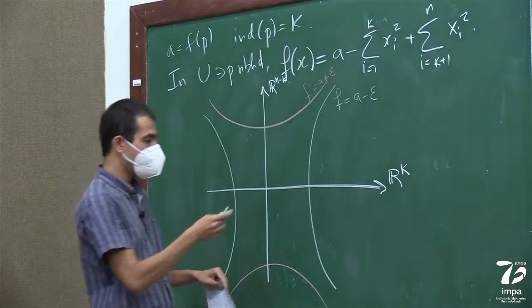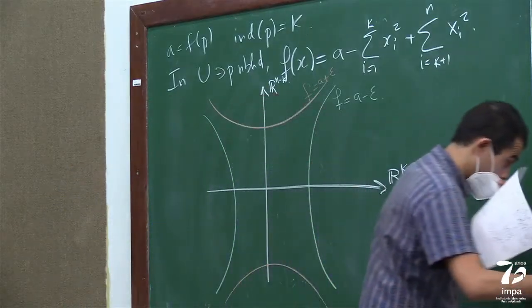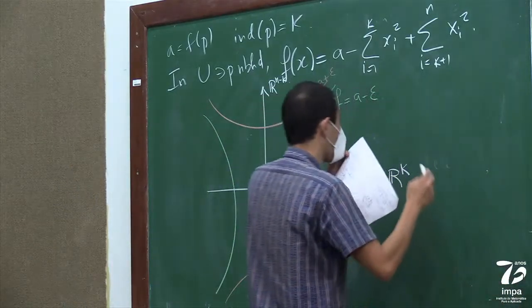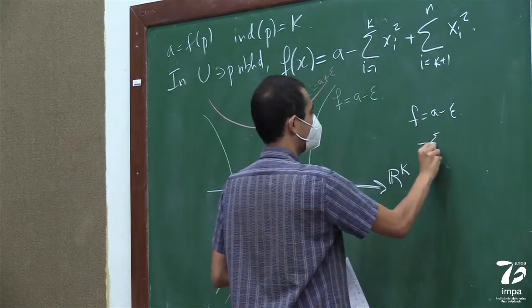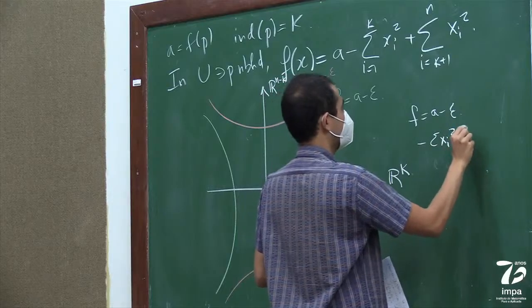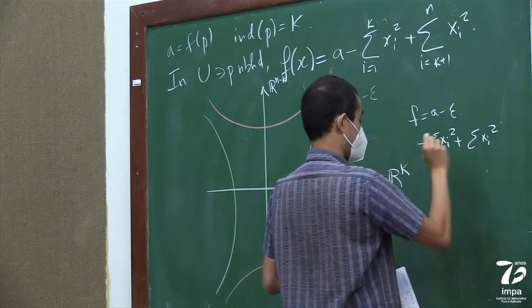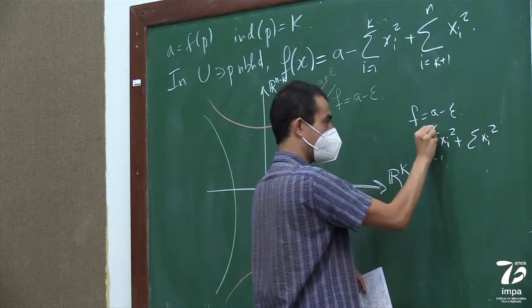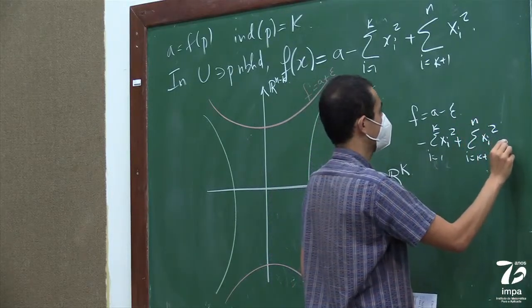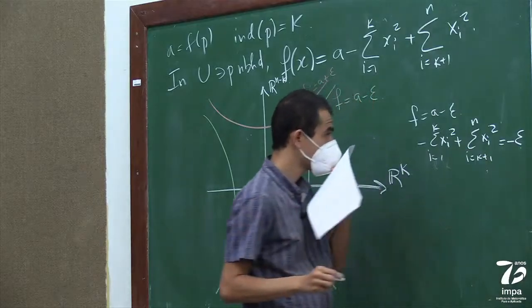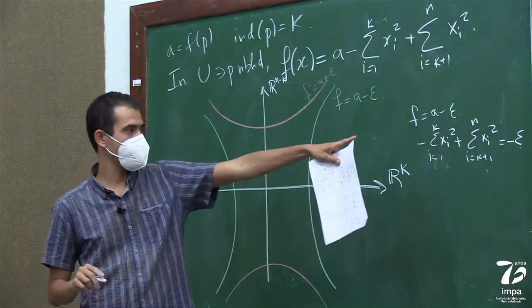Okay, so f equals a minus epsilon will be the set of points of the form minus the sum of x_i squared plus the sum from k plus 1 to n, where the first sum is from 1 to k, equals minus epsilon. And then the other one is that equals plus epsilon.